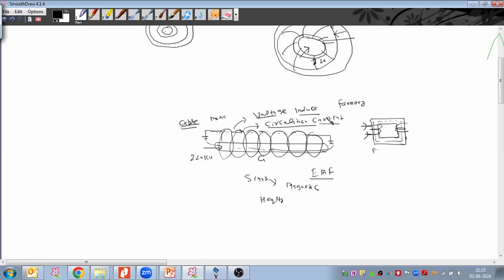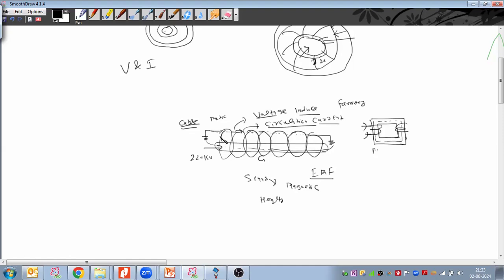So if you are not bonding, if you are not doing earthing or grounding of the screen, then voltage is induced. When you are grounding, then current flows. It means we have to manage the balance between voltage and current, right?